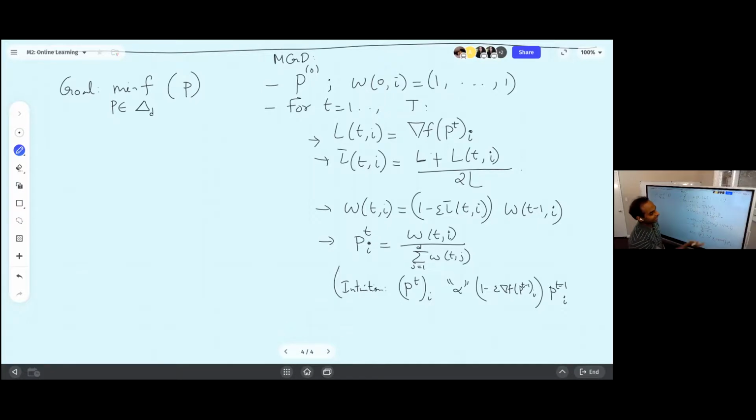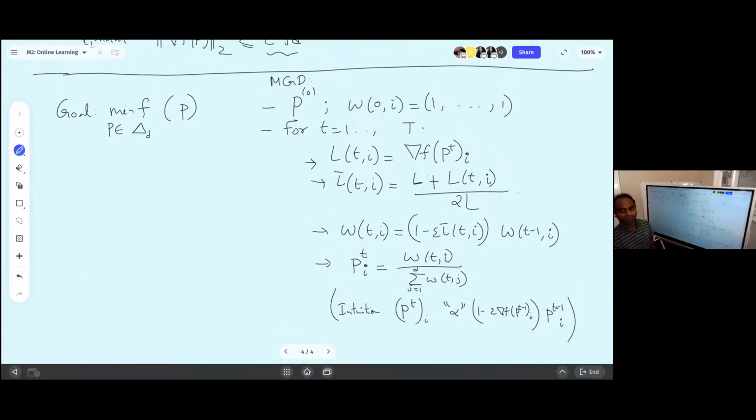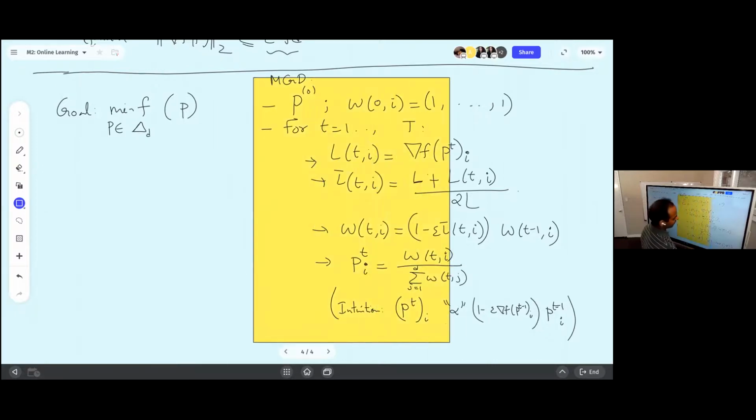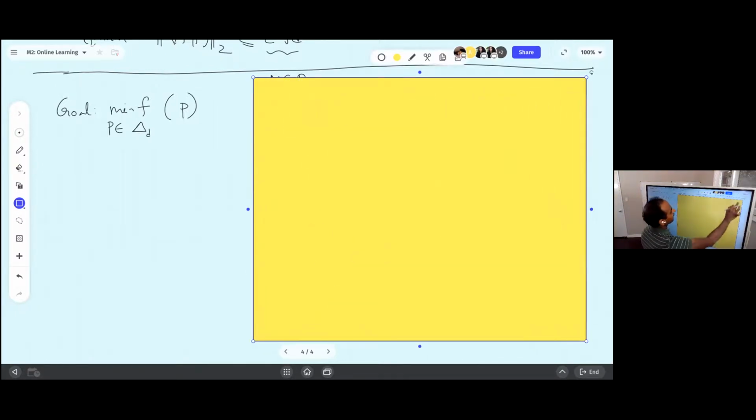It's not exactly that because you're scaling some things and shifting some things so that you remain in [0, 1], but that's about it. Let me now box this. This is our multiplicative variant of the gradient descent method.